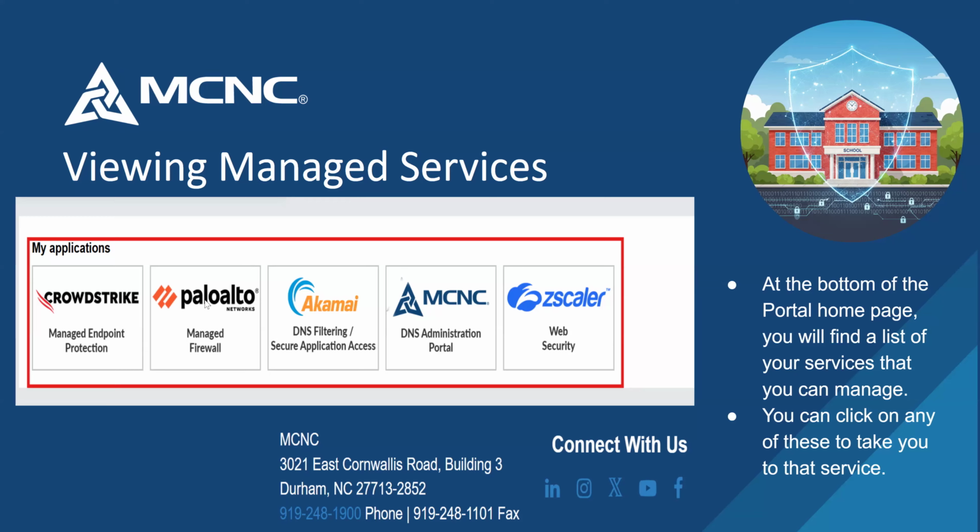So if you have CrowdStrike, then of course you're going to see this tile here, and you can click on that tile, and that takes you to the CrowdStrike portal, where you can log into that portal and manage anything you need to from a CrowdStrike perspective. Other than that, there's not much else. This just shows you what you have available, and then you can go from there.